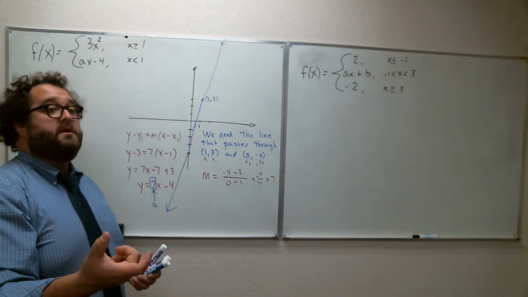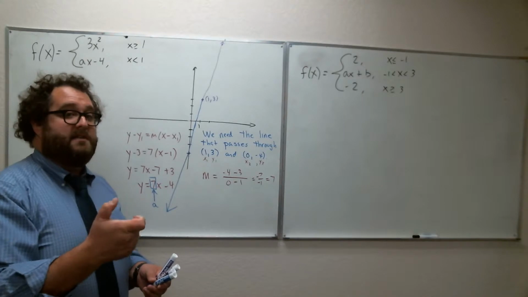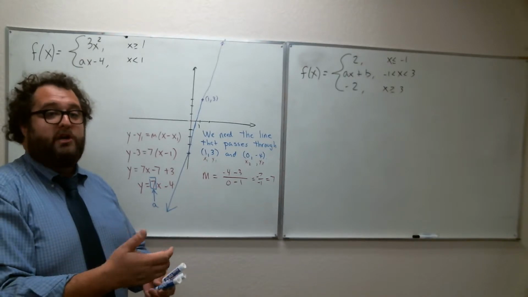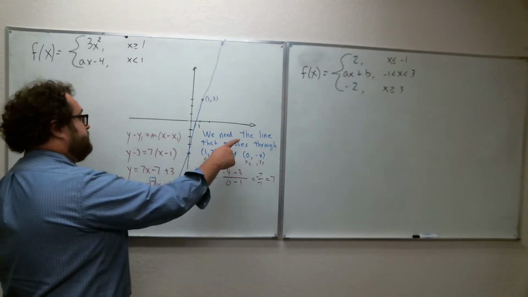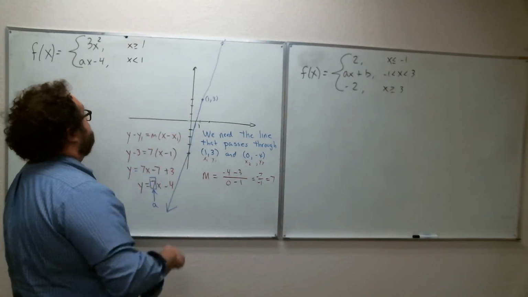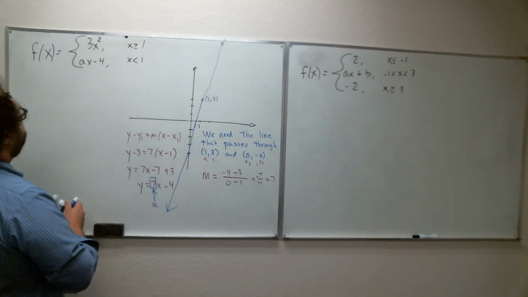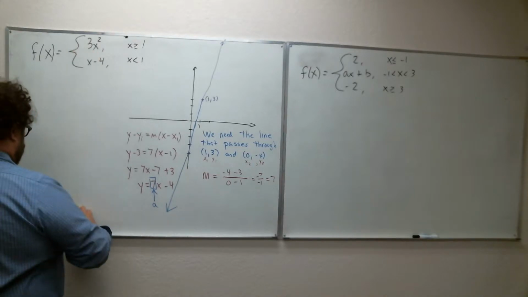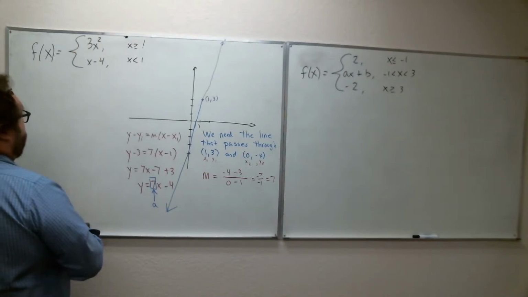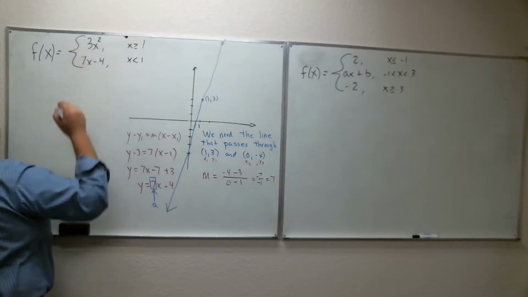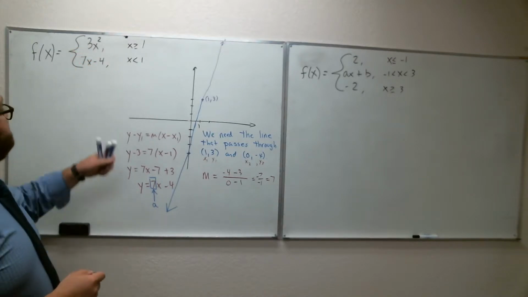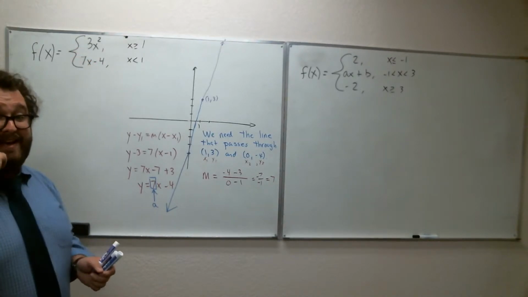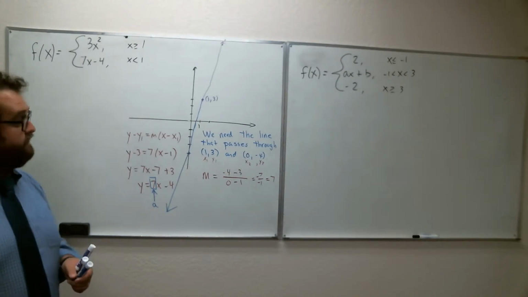The only question was we have to make sure they meet at a single point, so there's not a hole or a jump there. And doing these calculations, we did just that. So we can go back over here and say the missing piece was simply a 7. And now that is a function that's piecewise and continuous everywhere.